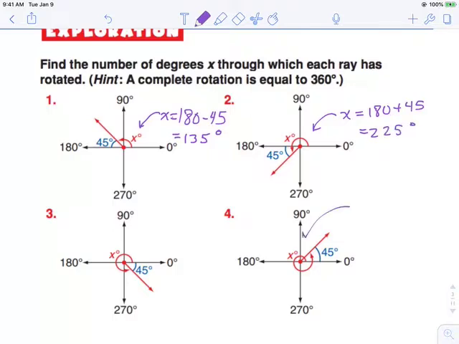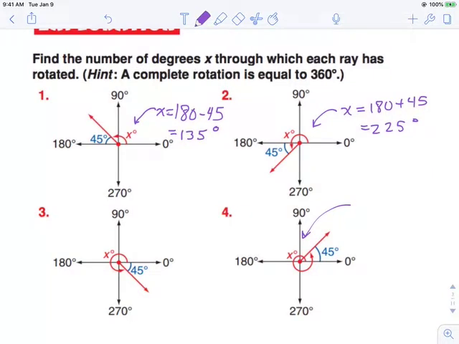This one's a little tricky. It went through one full circle, and then it went 45 degrees more. One full circle has how many degrees? 360, and then add 45, 405 degrees. This one went 45 degrees less than 360, so 315, yep.